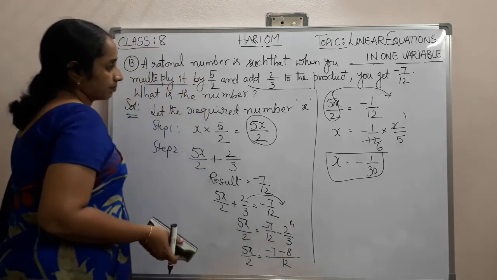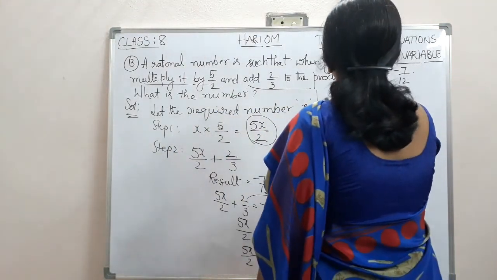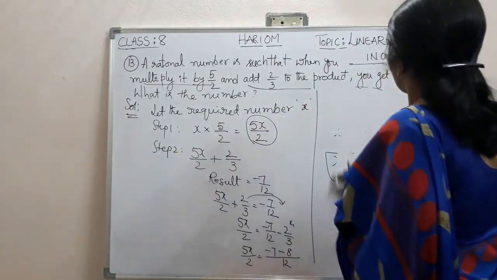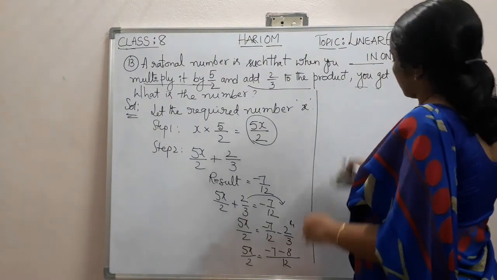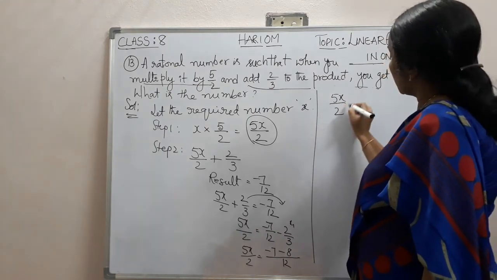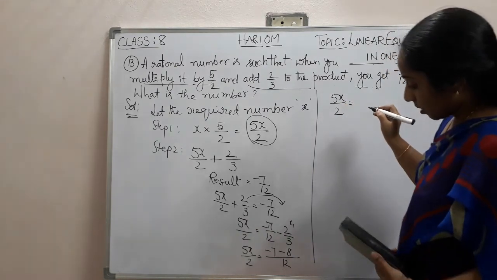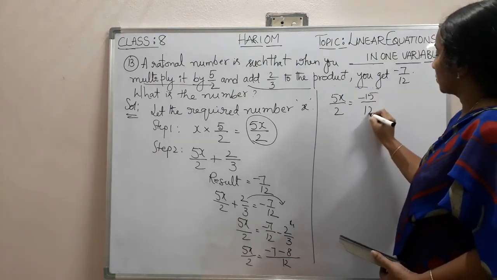It is 5x by 2 is equal to minus 15 by 12.